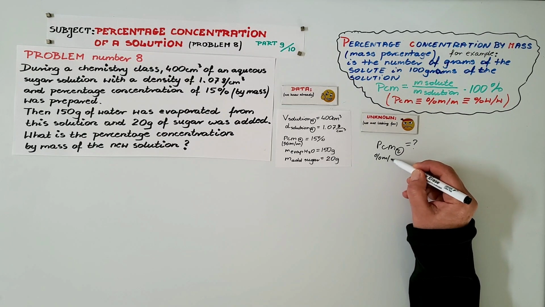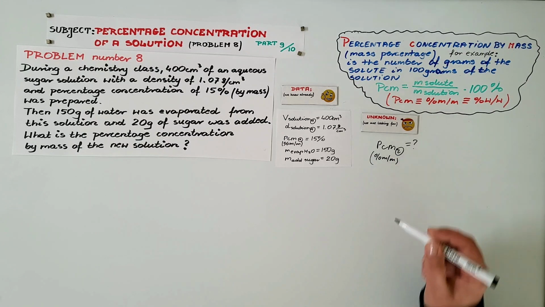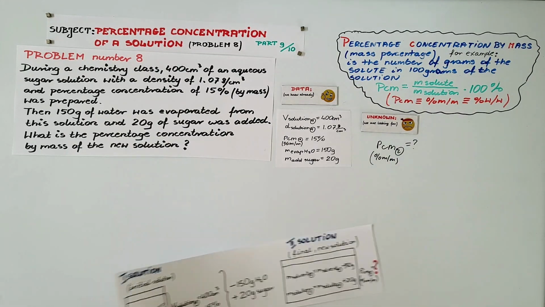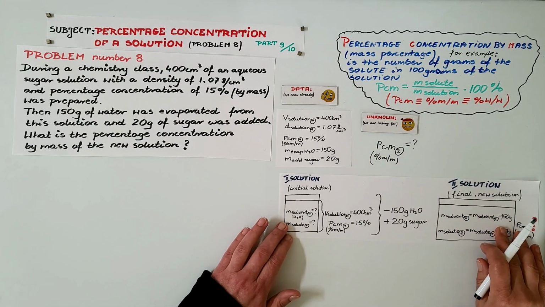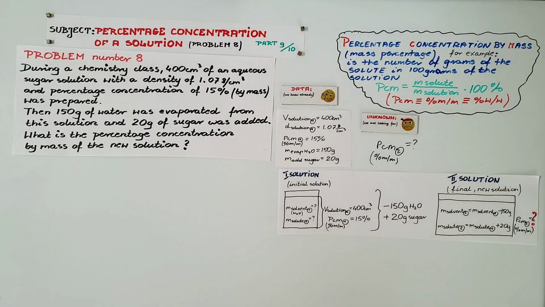Percent mass over mass. So in our first beaker, we have first solution or initial solution. We have mass of solute 1 and mass of solvent 1. We add 20 grams of sugar and we evaporate 150 grams of water. Now we have second solution or new solution.